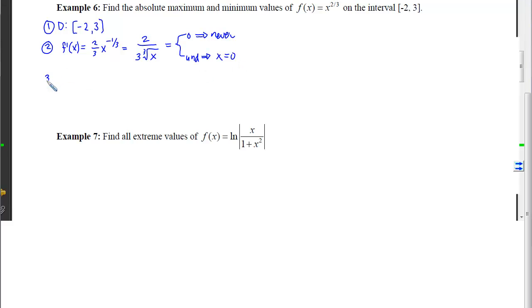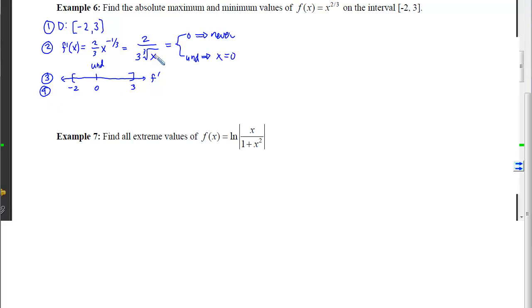Step 3 is we're now going to put on a number line the domain of the function, all the domain holes, of which there are none, and the critical values. We're going to label this sign chart with an F prime so that we know we're actually talking about the sign of the derivative. If I choose a number between 0 and -2 now, so now I'm doing step 4 by adding things to this sign chart.